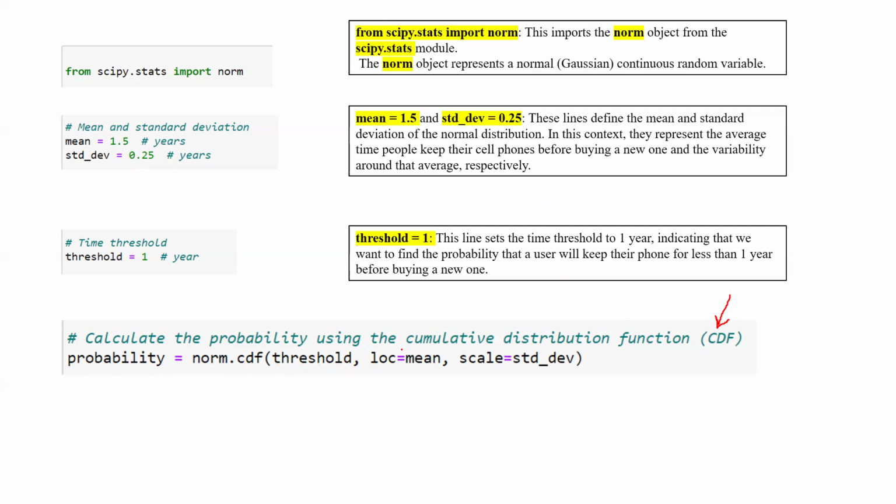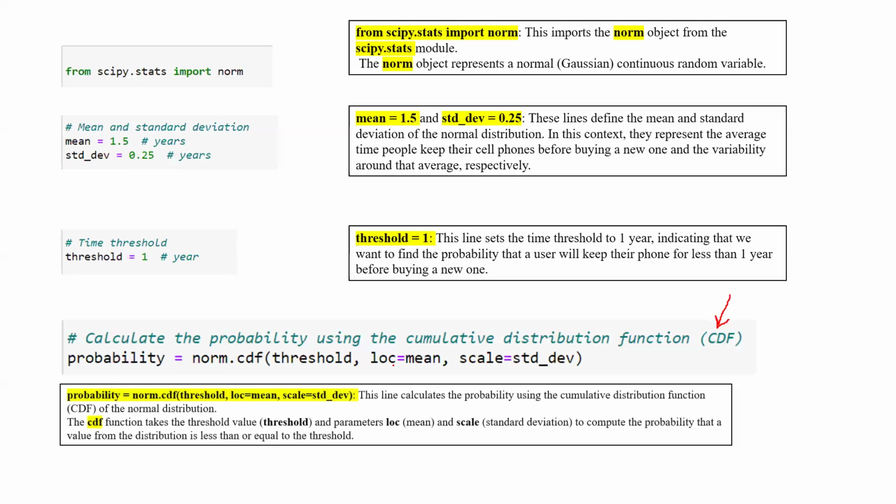And then you're going to use mean and you're going to scale using standard deviation. This line calculates the probability using the cumulative density function. The CDF function takes the threshold value, which is 1, and the parameters loc, which is your mean, and scale, which is the standard deviation, to compute the probability that the value from the distribution is less than or equal to the threshold.